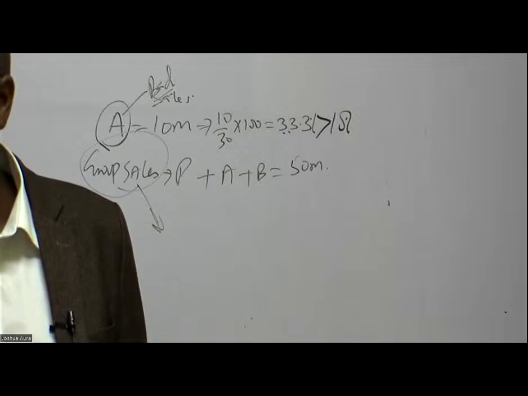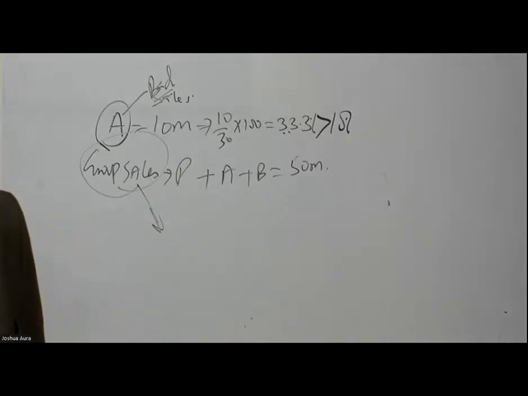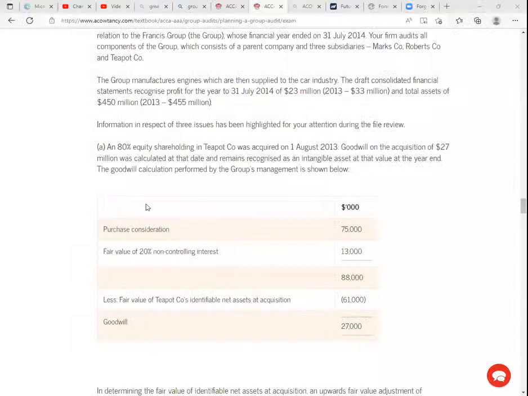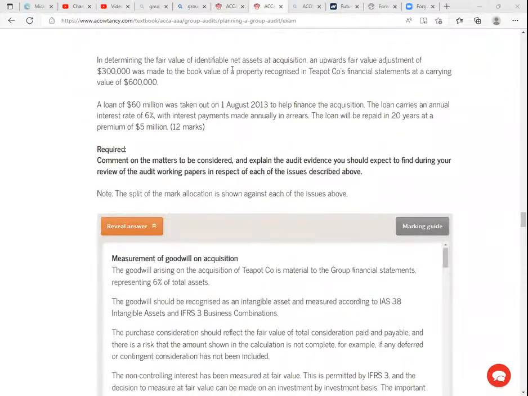I don't normally see you guys discussing CPA papers. I'm yet to see you raising even one question we discuss. But for a group, you have to do that. So this is an ACCA question. You examine a copy, sometimes it is an ACCA question. So look at the question here.